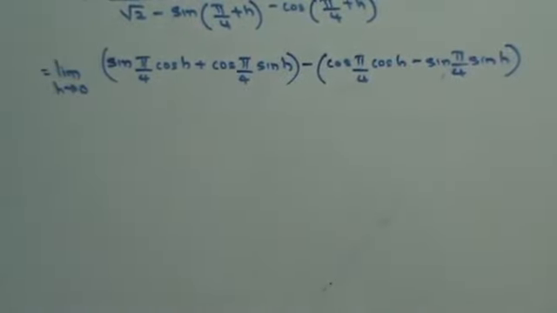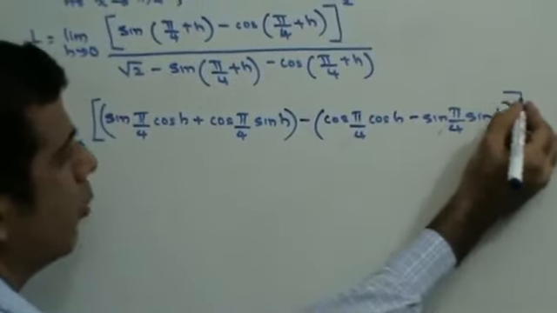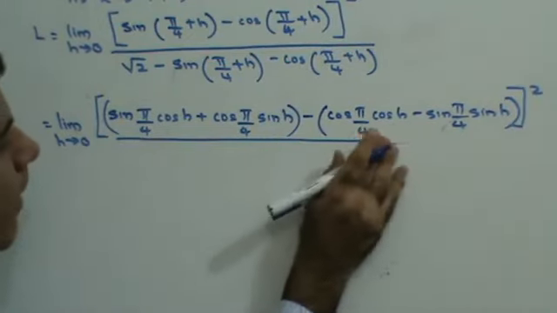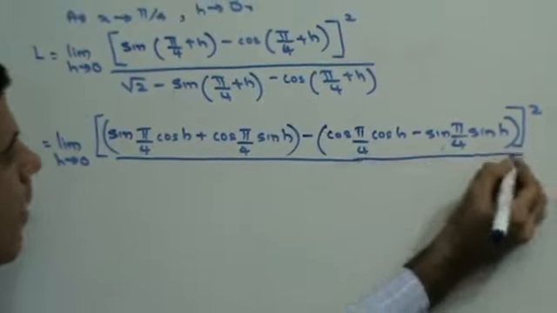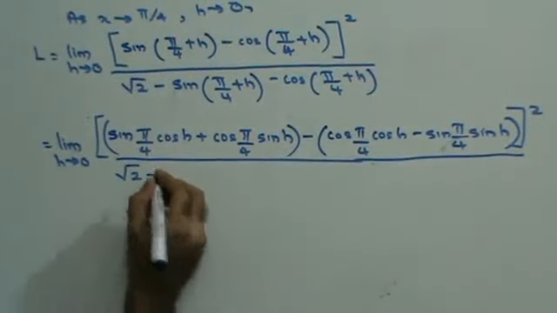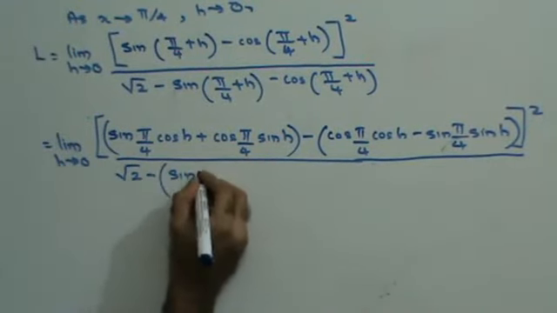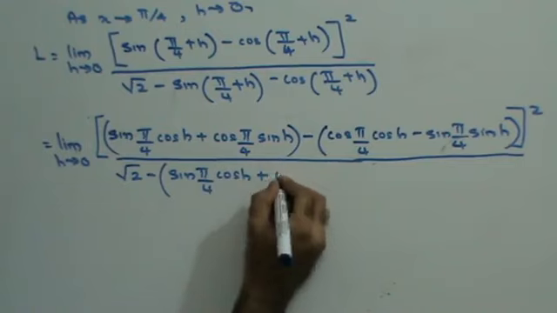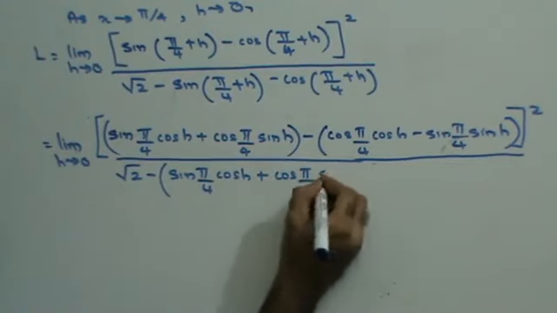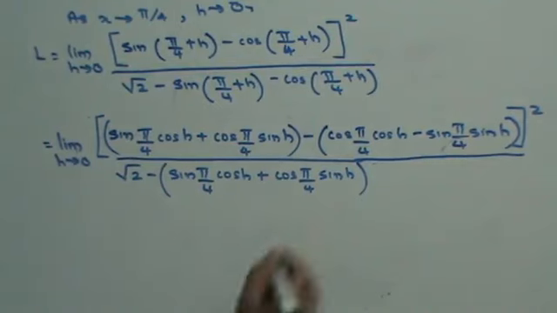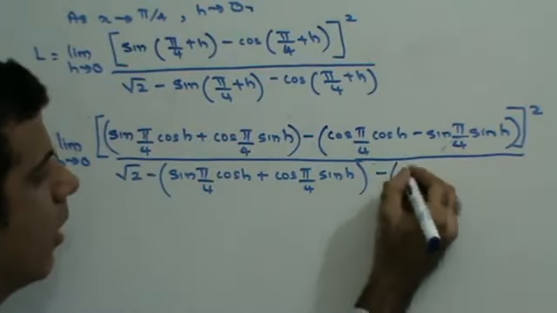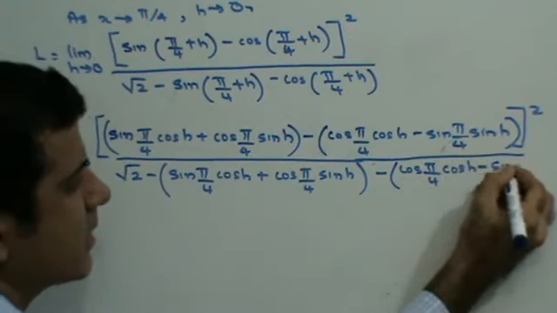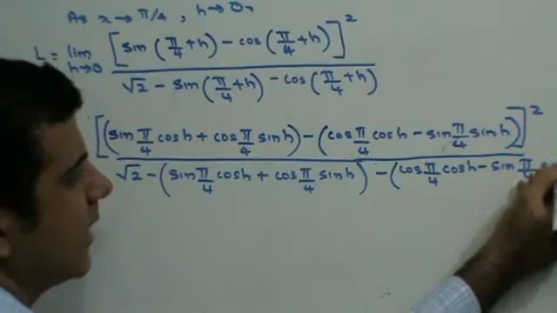Expansion of the second bracket using the addition formula, the whole square upon, this is root 2 minus the expansion of sin pi by 4 plus h: sin a cos b plus cos a sin b, minus cos pi by 4 cos h minus sin pi by 4 sin h.